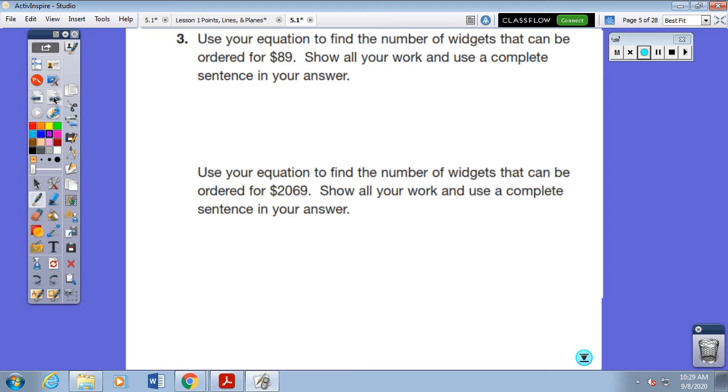Use your equation to find a number of widgets that can be ordered for $89. Now remember we talked about x and y. So if we're talking about the total cost of dollars, that's going to be 89 here. So we're switching. Now we don't know the number of widgets this time. So we have 4 times x, we're looking for the number of widgets, plus 9 is equal to 89.